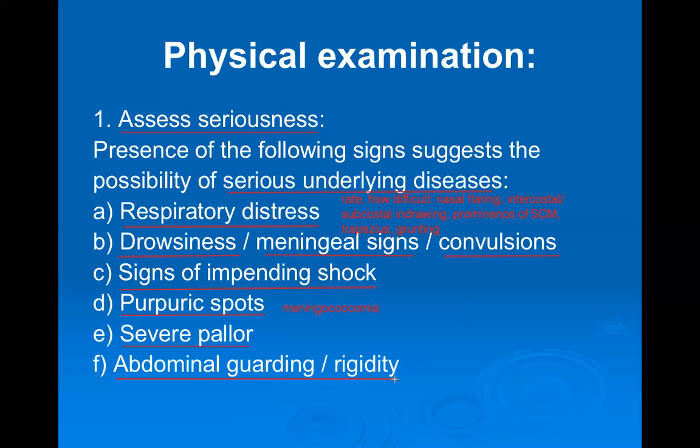That type of phenomenon is called guarding, and rigidity is because of involvement of the parietal peritoneum. The overlying muscle is already contracted. So there is a slight difference between guarding and rigidity, but both of them can lead to a very stiff anterior abdominal wall, and these are the features of peritonitis. Let's move on.